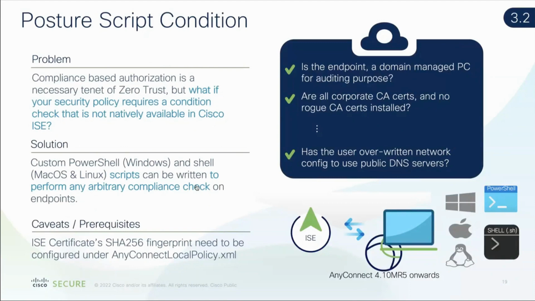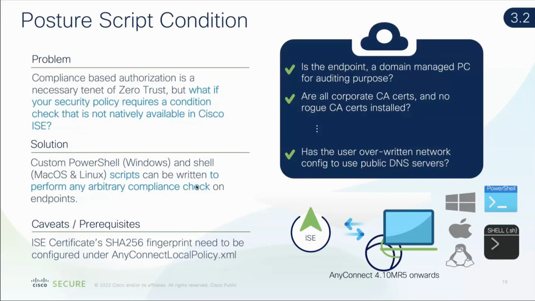A little background about this posture script condition, why we introduced it. For endpoints going through the compliance check using the posture service, the administrator can create posture policies to look for the compliance of an endpoint using the natively available posture checks, be it anti-malware installation, definition, patch management, firewall, and so forth. Those are natively available in Cisco ISE for you to meet the compliance requirements.